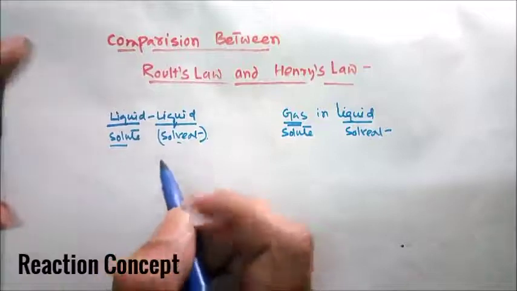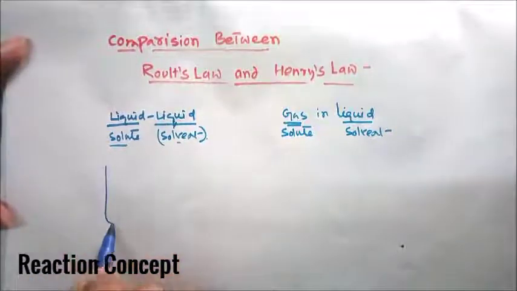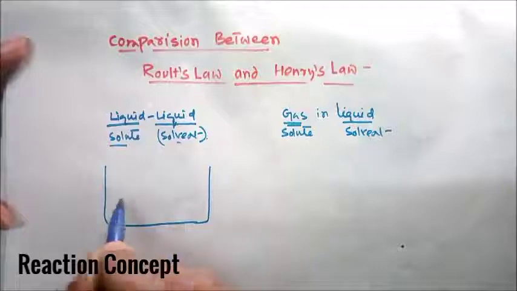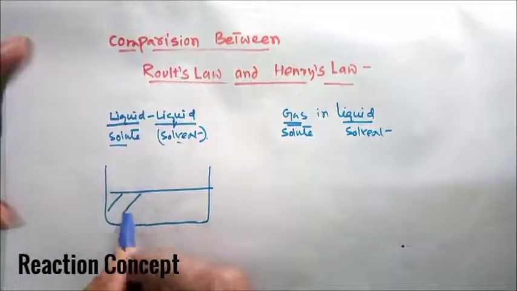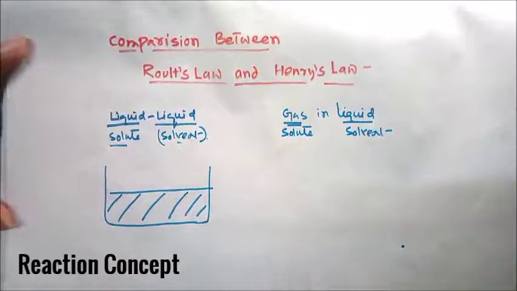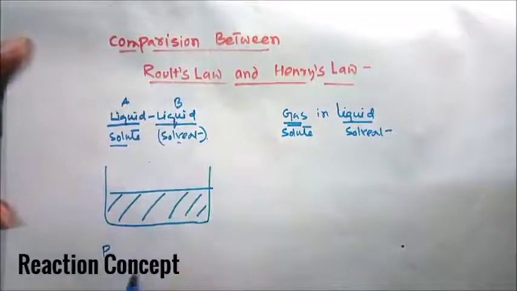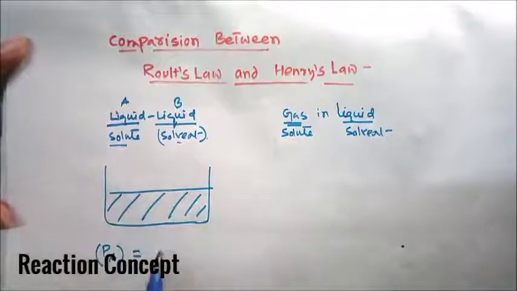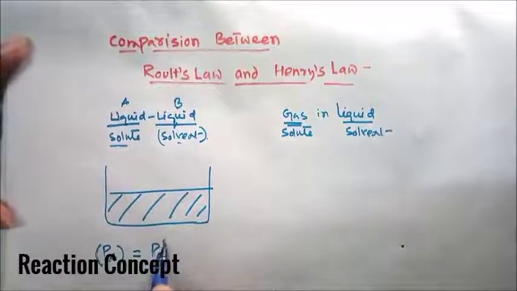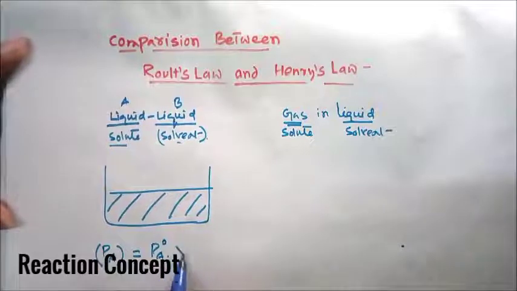Now what is the law stated here? You see, if a solution of liquid composition you are considering, then the partial vapor pressure of any component, suppose you have a component A and B, is equal to PA0, this is the vapor pressure of that component in pure state, into the mole fraction of that component in the mixture.